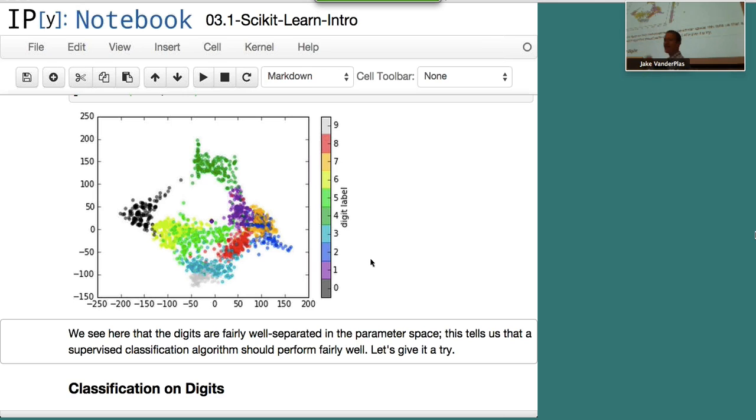So for example, we see that the black points, the zeros, are sitting out here all by themselves a little bit, right? And the way I interpret this is that out of all the digits, the zeros are the ones that are empty in the middle. Most other digits have some ink in the middle of the plot, but the zeros are empty in the middle. So it means that they sort of are distinct in that way. It's probably those middle pixels that are driving this separation.